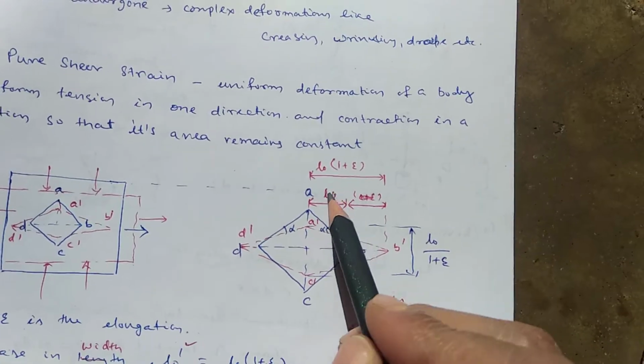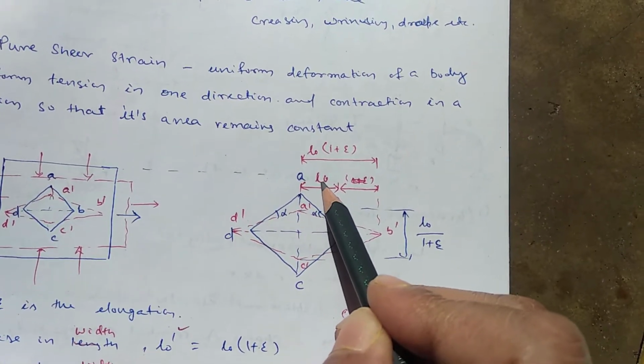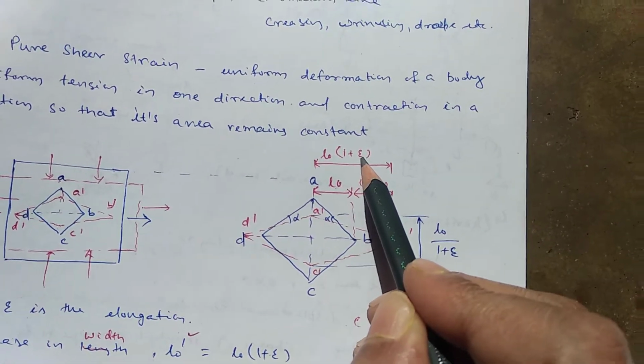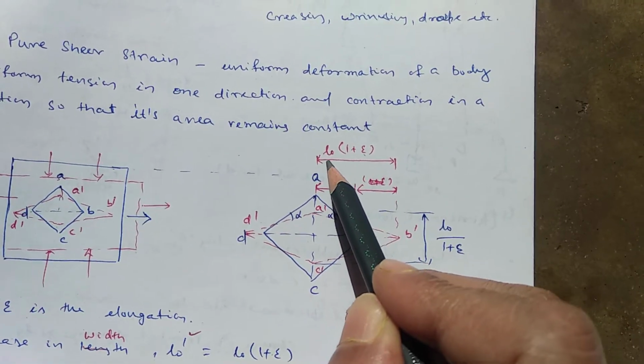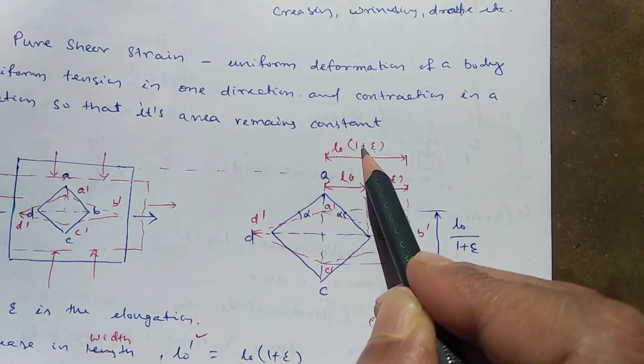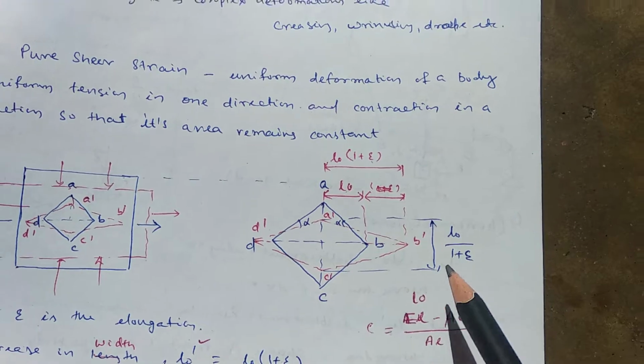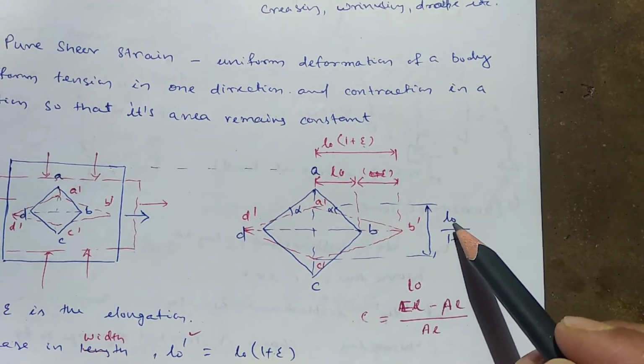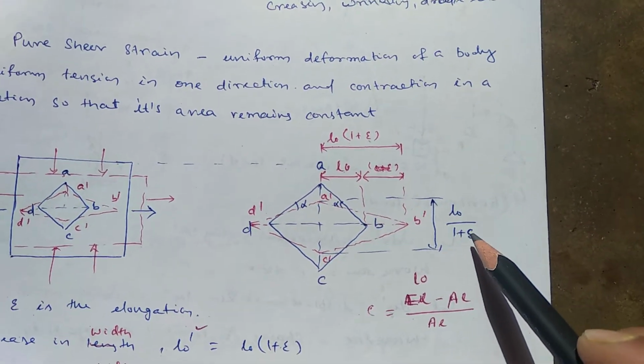There is a contraction. The original size is L0. Now the extension is small e, so that will become L0 times (1 plus e). Similarly, the contraction in the width is L0 by (1 plus e).